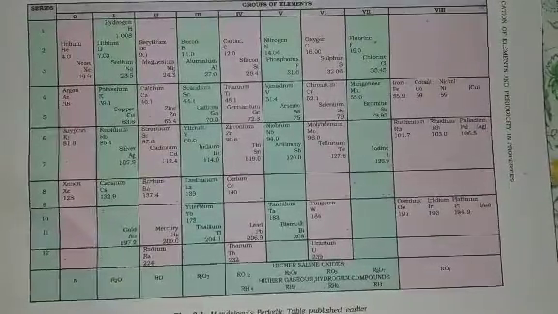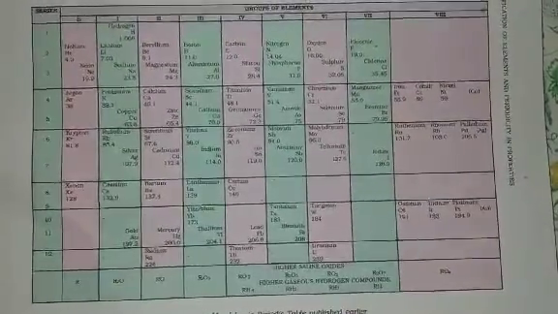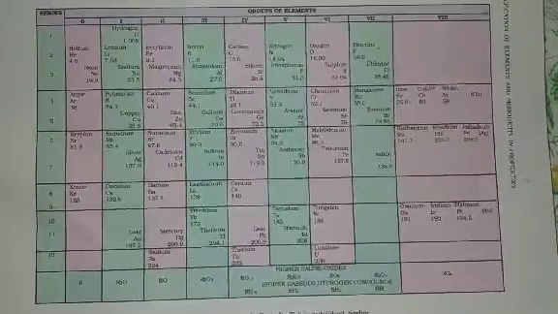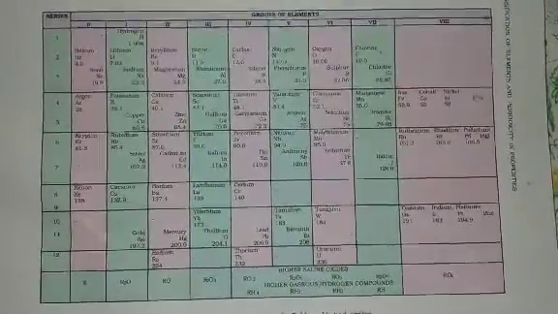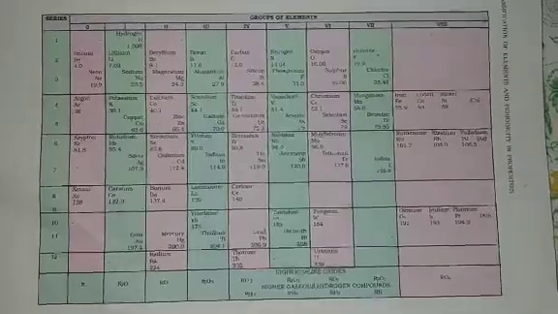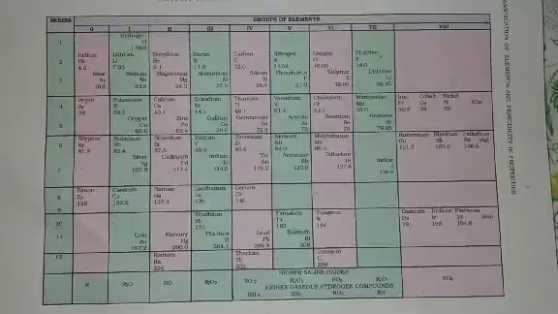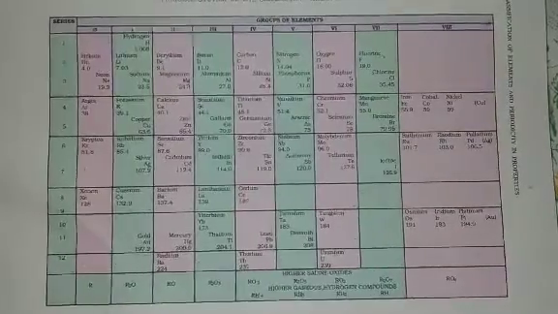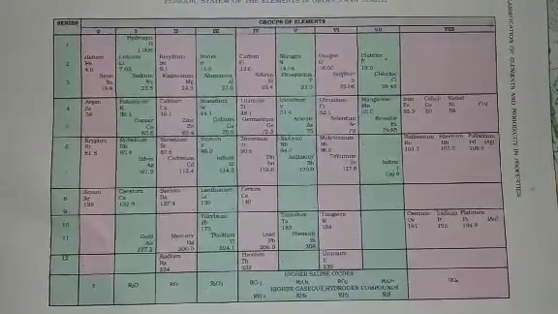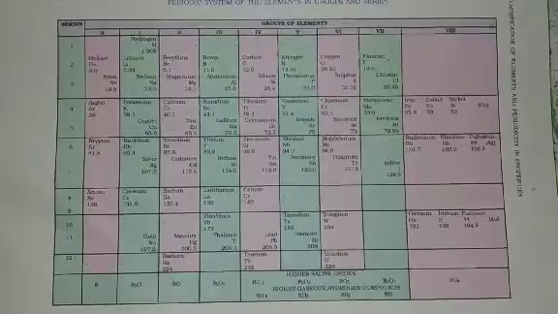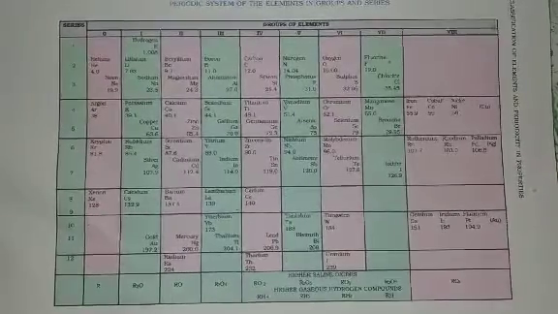Now, after this, Lothar Meyer and Mendeleev were working simultaneously on the classification, and they came to a similar conclusion. They said that if we arrange the elements according to their increasing atomic masses, we find a periodicity in their properties. But Lothar Meyer's work did not get much attention.